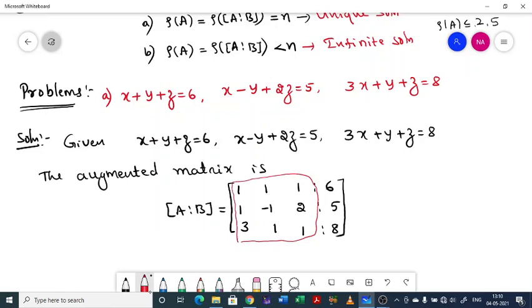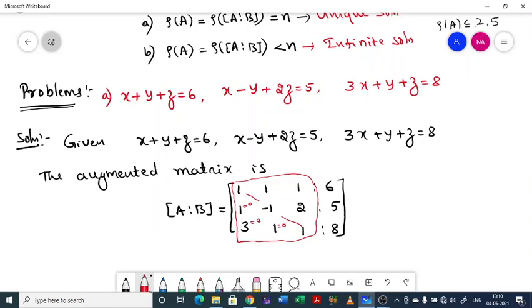This is actually the coefficient matrix A. So just concentrate on this and try to reduce this to echelon form, or just reduce this to upper triangular form. Upper triangular form means you have to make these three entries 0 using row operations.